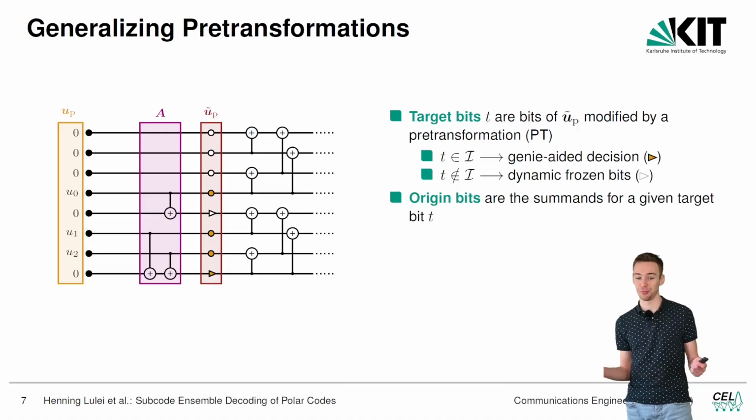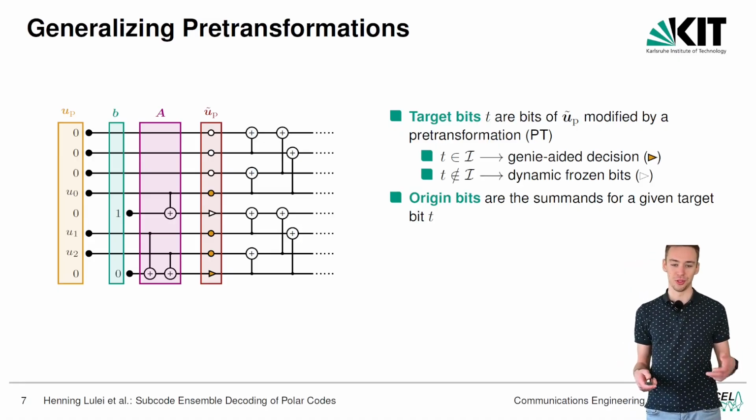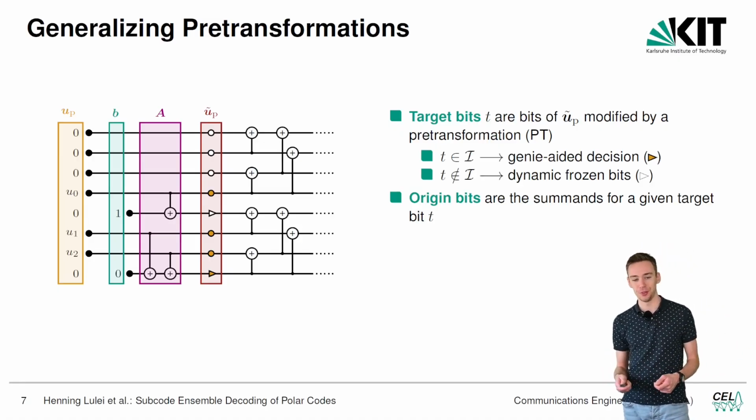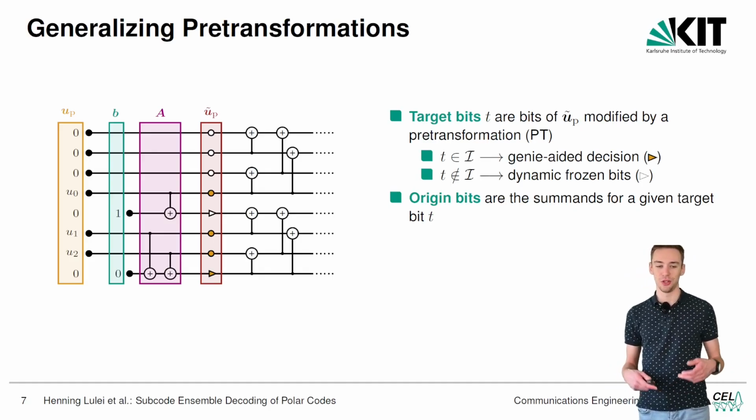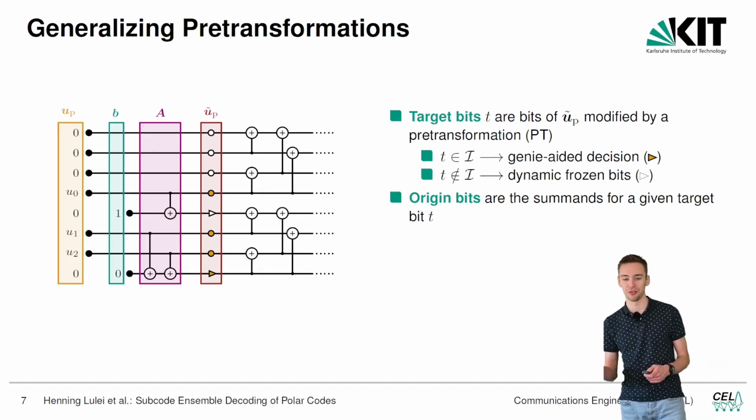And because it was before an information bit and still is in the polar code, it can be used for the Genie-aided decision in the end. Additionally, we will introduce an offset to that matrix, which is stored in the vector B, which can be either 1 or 0, to allow us to do an affine transformation and generate more diversity later on.